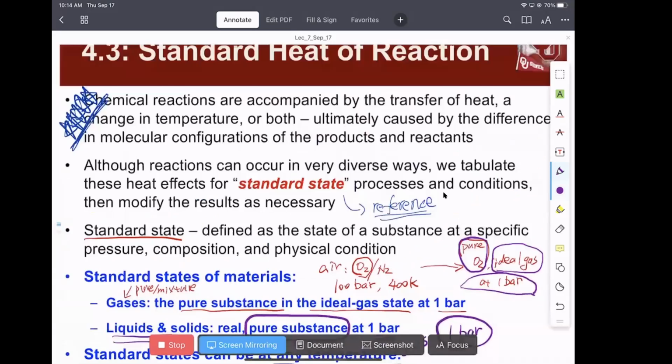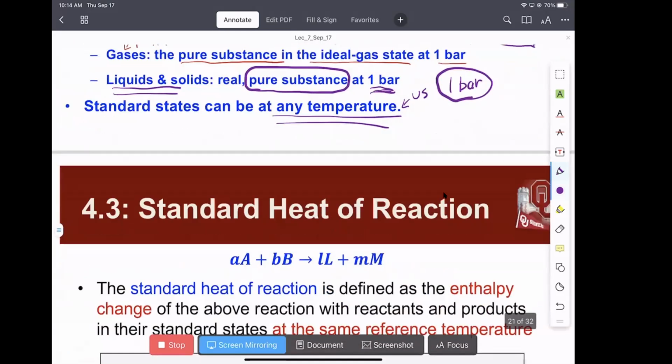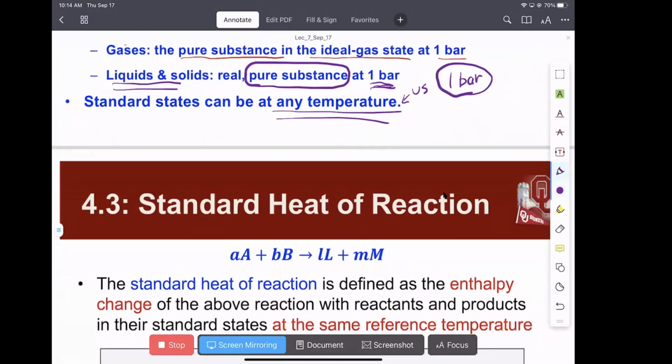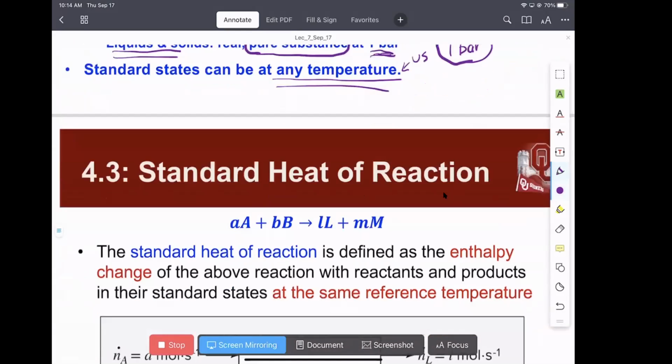Now, moving forward. Whenever we talk about the reaction, whenever we talk about heat of formation, we always try to take the standard keywords with our discussions.